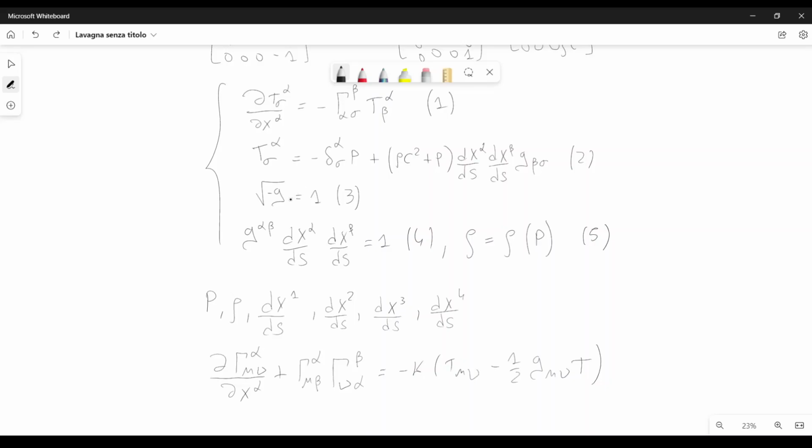But this simply corresponds exactly to the 4 arbitrary functions at our disposal in the choice of coordinates. So this number 4 comes from the fact that we can choose any coordinate system. So we have another 4 degrees of freedom. And with those degrees of freedom in mind, in principle we can solve also this more general system here, where we have to find also the g mu nu.